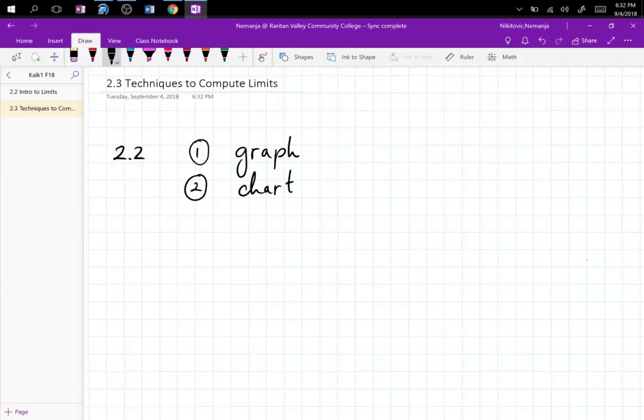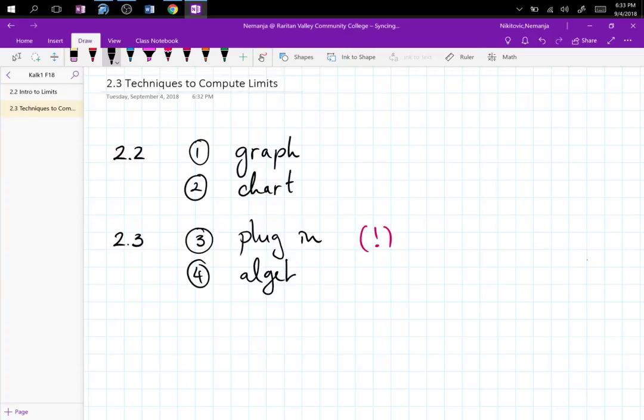Now, in 2.3, we are going to introduce the method of plug-in, but you have to be careful. We'll talk about that. And then finally, algebra. So these are the methods that we use to compute limits.